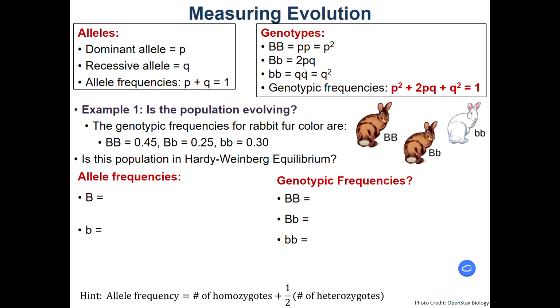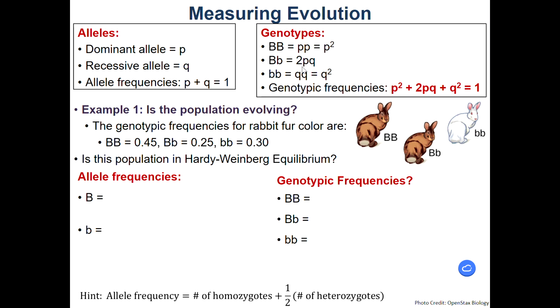Okay, so these are our genotypes in our generation, and we want to know if our population is in Hardy-Weinberg equilibrium when it comes to fur color in rabbits. There's also a Sapling question on this, so you should definitely pay attention.